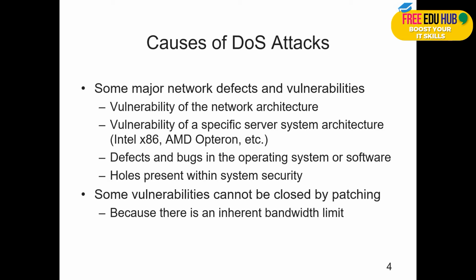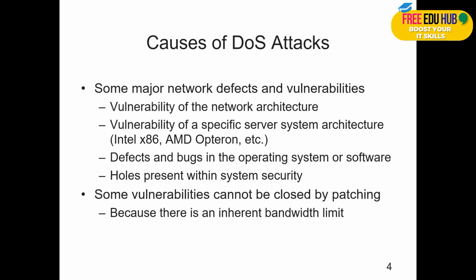Now, a specific system or architecture means how powerful the system is to cater to how many requests per second. Defects and bugs in the operating system or the software, whether the operating system has been patched properly with the latest patches or not. Now, there are holes present within the system security as well, how you have defined the security parameters in your organization.